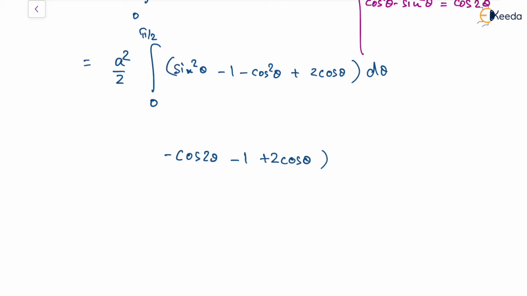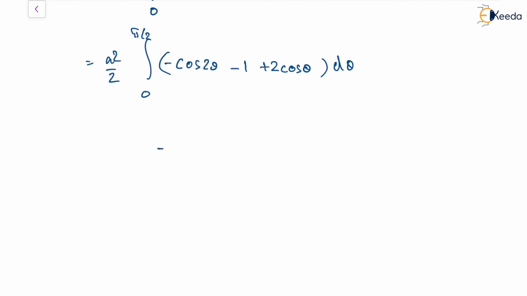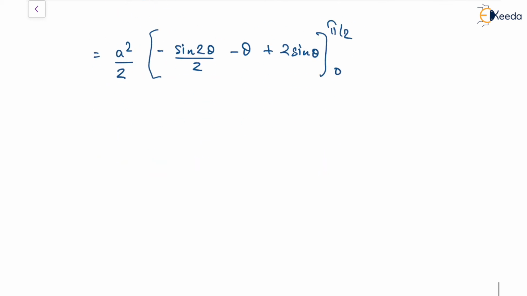All these terms need to be integrated with respect to theta from 0 to pi by 2. Minus cos 2 theta will give us minus sine 2 theta by 2, minus theta, and then plus 2 sine theta. The limits are 0 to pi by 2 with the coefficient a square by 2.